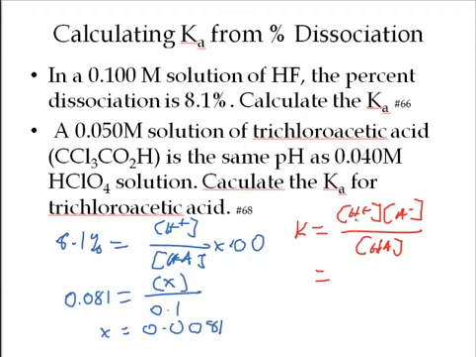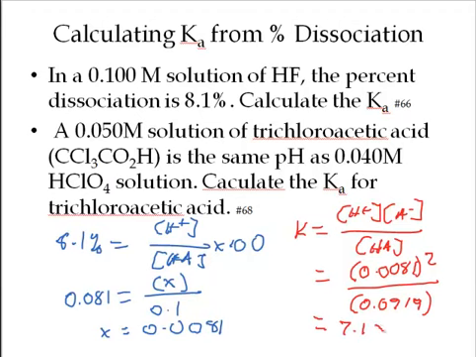I know that it dissociated by 0.0081, and so on the top it's 0.0081 squared, and on the bottom it's 0.1 minus 0.0081, and that would give me a value of 0.0919. So then through the magic of math, I work that out and I get 7.1 times 10 to the minus fourth. And there you go.